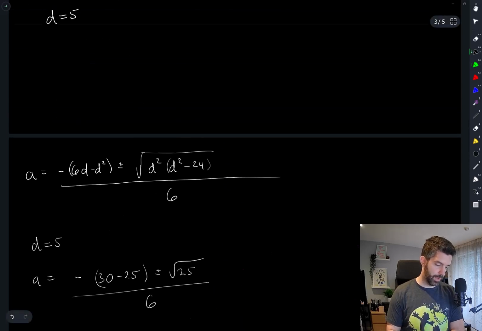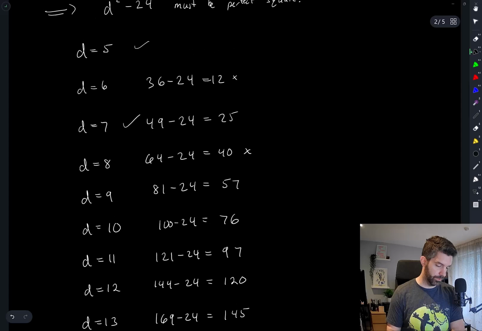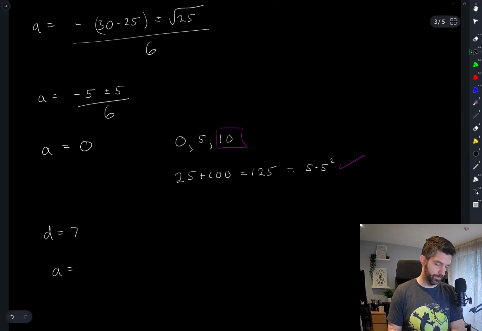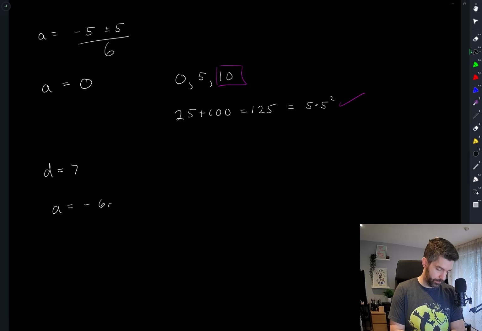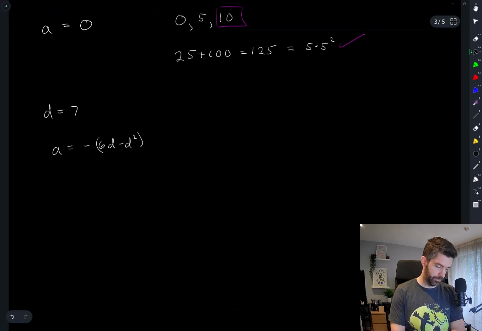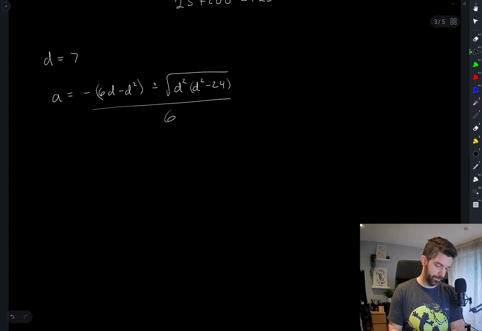So now let's try a equals 7, or sorry, d equals 7. a is equal to negative 6d minus d squared plus or minus d squared times d squared minus 24, divided by 6.